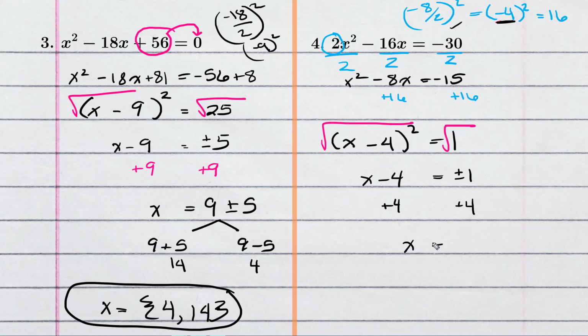And so I have x is equal to 4 plus or minus 1. So I split it into my 2, 4 plus 1 and 4 minus 1. 4 plus 1 is 5, 4 minus 1 is 3. So when I write my solution as x equals, the smallest of those numbers is 3, the largest is 5.